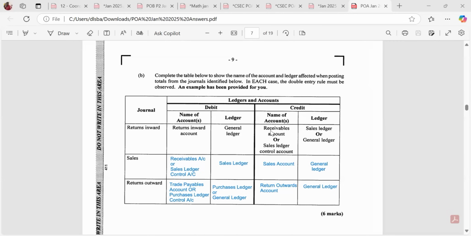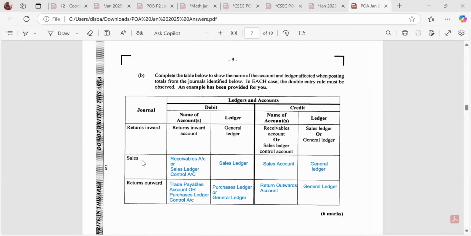And then the receivables account, the person who returned the goods, would be credited. They would be located in either the sales ledger or the general ledger. Most likely the sales ledger, but if it's a fixed asset you purchased and they return it, that could go in the general ledger. Return inwards account is not a person, so it will be found in the general ledger.